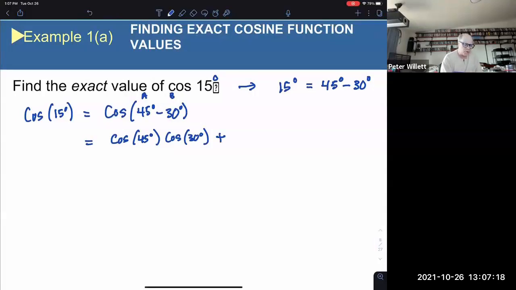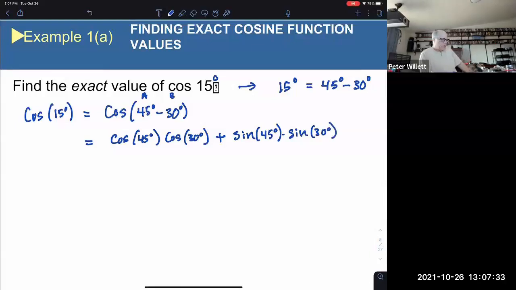And you'll first do both cosines and then both sines. So then I would have the sine of 45 degrees times the sine of 30 degrees. And so in this way, we can figure out the exact value of cosine of 15 degrees by using this identity property.